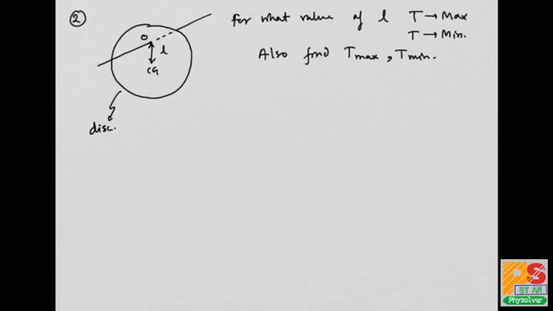Clear? So coming to the solution, for T max, I've already told you T max is always infinity when L equals 0. That means the disk is pivoted at its center of gravity. Now for T minimum, T minimum is very easy. As I mentioned, 2 pi root over 2k by g. Now what is k?